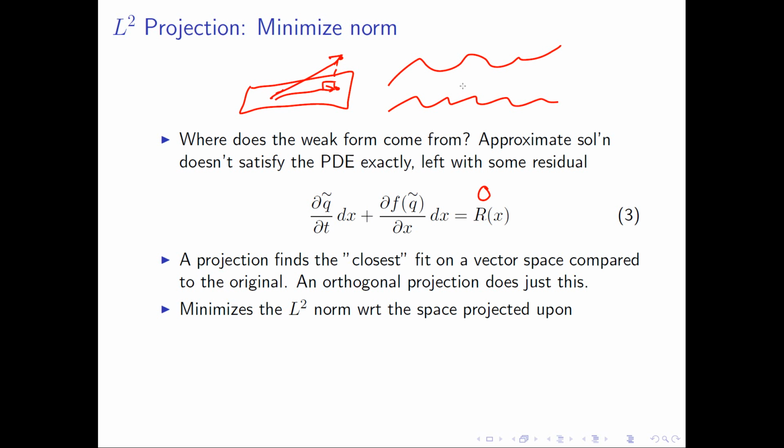So what is the extension to arbitrary general vector spaces? Well, you may recall that the inner product in a function space is simply the integral of the product of two functions. So this is the inner product of f with g.